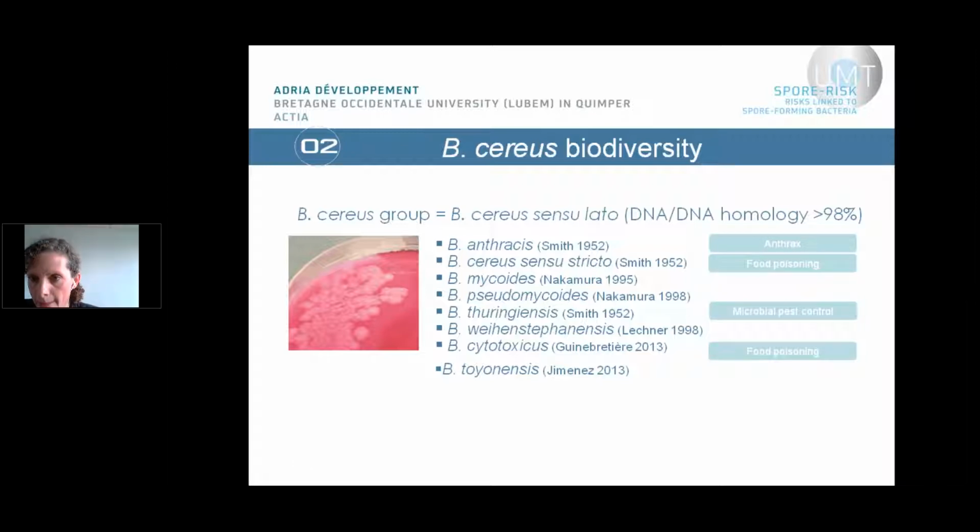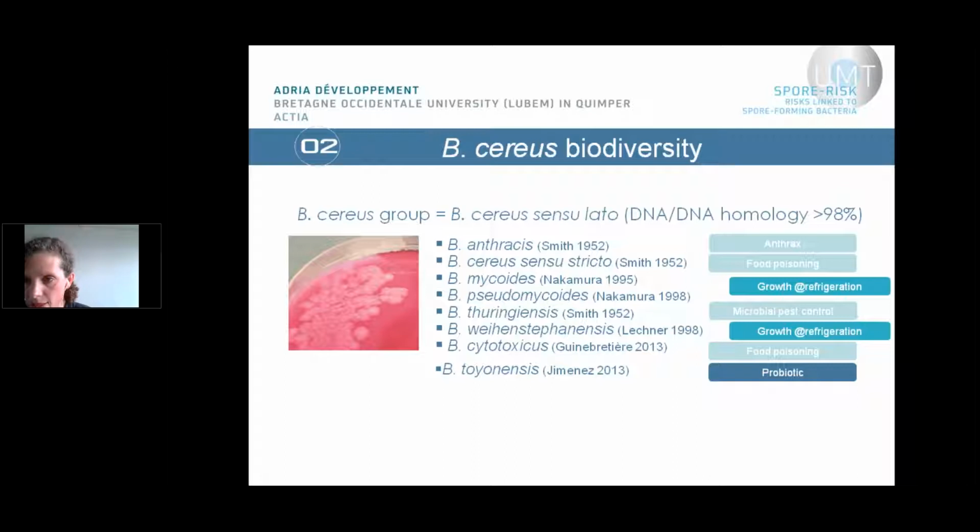Bacillus anthracis is involved in anthrax. Bacillus cereus sensu stricto and Bacillus cytotoxicus are both involved in food poisoning. Bacillus thuringiensis is used as microbial pest control.